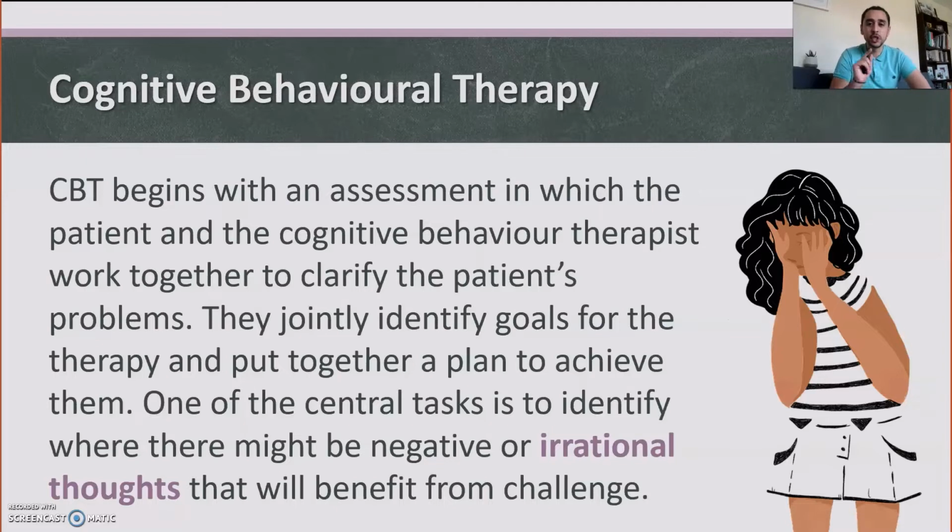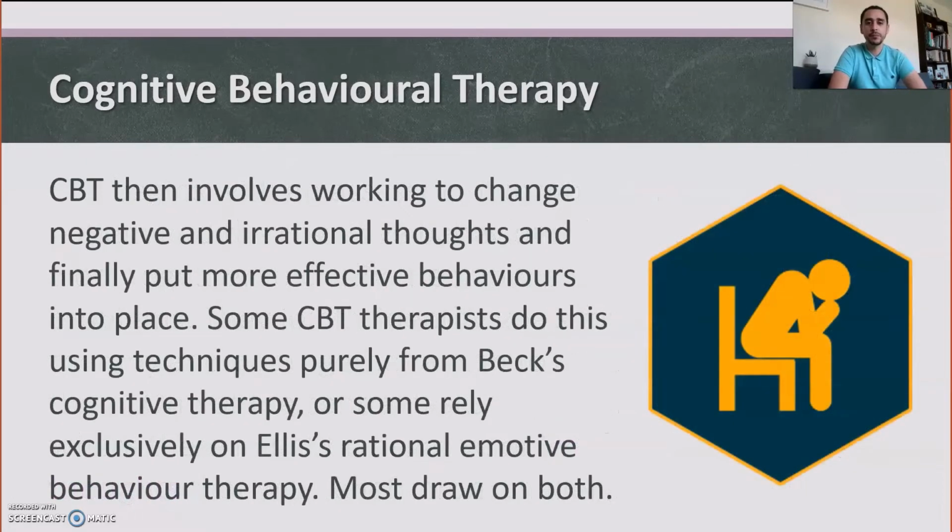CBT's job is to challenge those irrational thoughts. If you start thinking negatively, challenge it and go, well, maybe that's not the correct answer. Maybe there is a more rational explanation, or one that doesn't cause me so much anxiety and stress and depression. CBT then involves working to change negative and irrational thoughts, and finally, putting more effective behaviors into place.